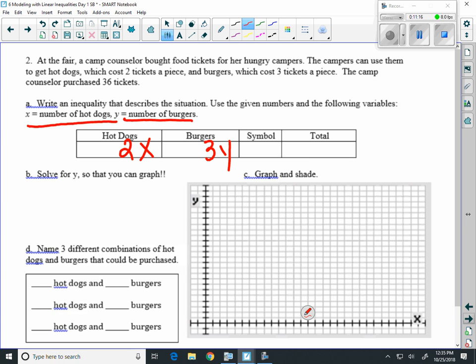All right, and they can have at most 36 because they only bought 36 tickets. So does this need to be less than 36 or greater than 36? Less than. Can it be equal to? Yeah. You bet, because they have exactly 36 tickets. Another big graph. Go ahead and rewrite and solve for y.